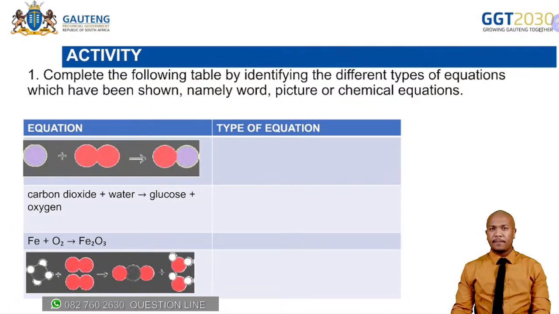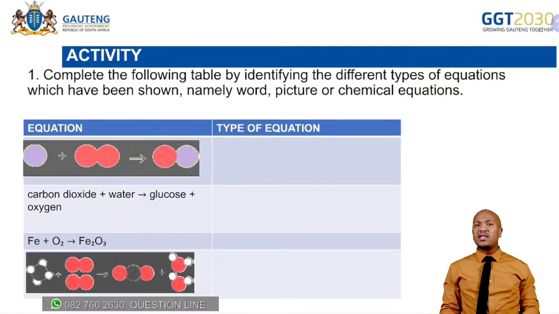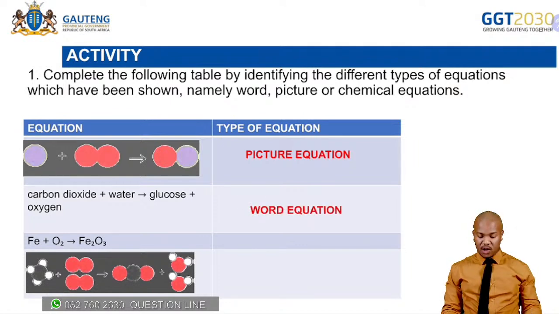Now let's move on. The answer here for the first equation, looking at this equation, it is what? It is a picture equation because it is represented in the form of a picture, right? The second one, it is our word equation because we used words for this equation.